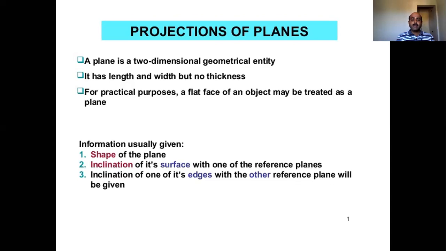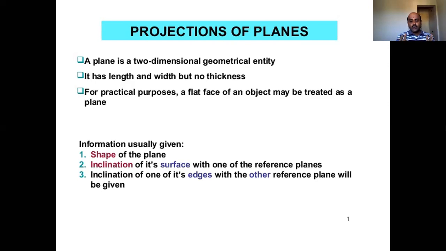Generally, when you are describing a plane, the information usually given to you is the shape of the plane, the inclination of its surface with one of the reference planes, and the inclination of one of its edges with the other reference plane. In the sense, what I am talking about is when a plane is being positioned, you can position the plane in infinite ways, infinite directions.